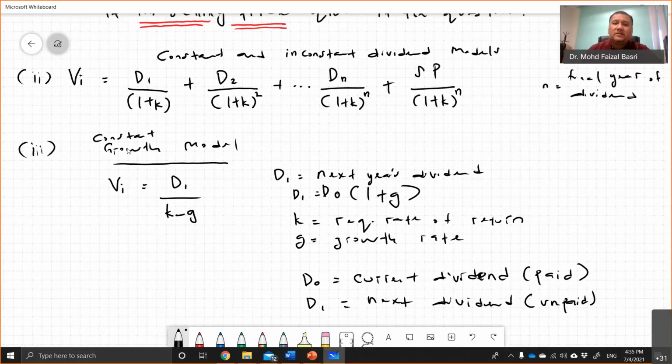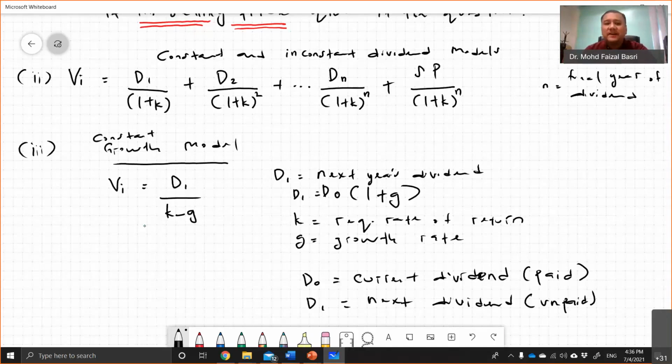And for constant growth, and only for constant growth, we use this formula. As I said earlier, besides the intrinsic value, the VI, the question may ask you to find the selling price. They might ask you to find the G or even the K. It's not necessarily always intrinsic value.